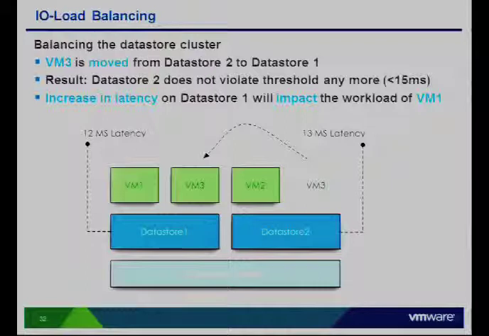Storage DRS will not move the VM to another data store, because overall, in this case, the data stores do not violate the threshold. And the thought behind DRS is that if the data stores do not violate the threshold, we provide you with the best overall experience.